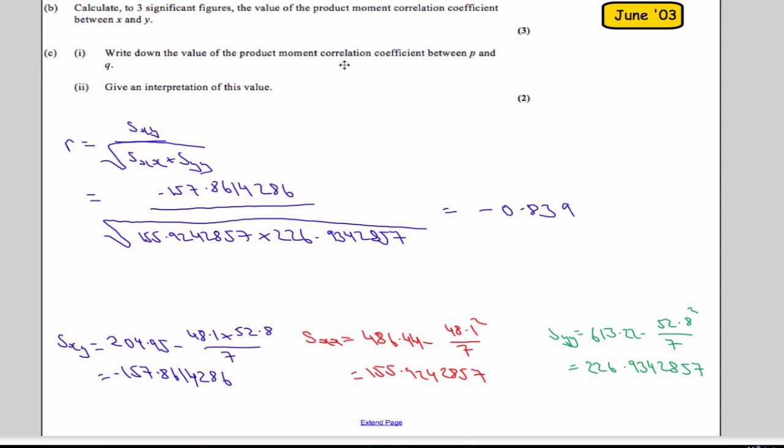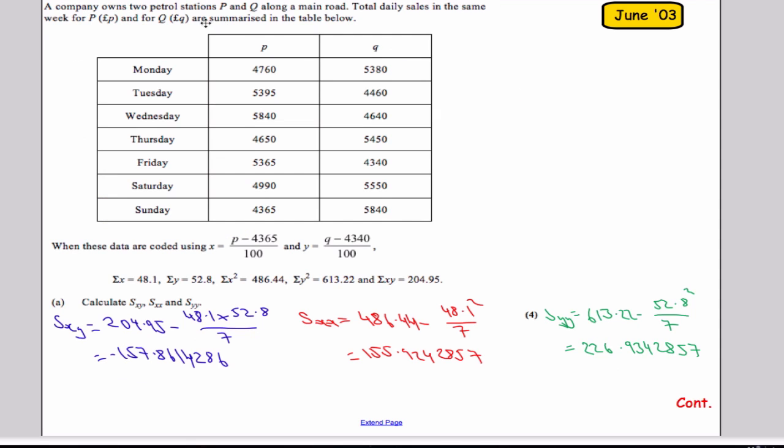Write down the value of the PMCC between P and Q, and you should know that coding has no effect on the PMCC, so that is also minus 0.839. And then finally give an interpretation of this value. So let's just go back.